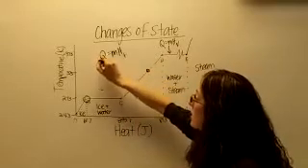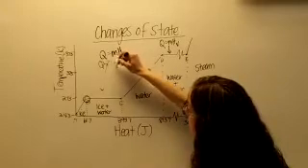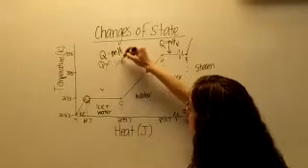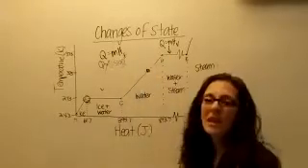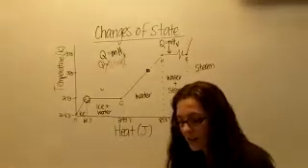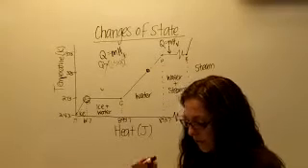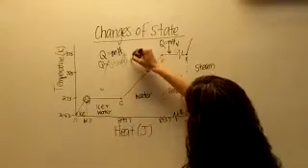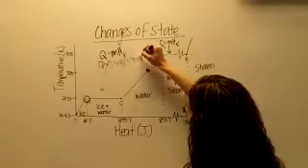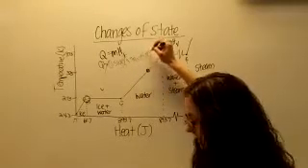So I would say Q is equal to the mass, which was 1.5 kilograms, times the heat of fusion of water. You would find that on page 324 in table 12.2. The heat of fusion is 3.34 times 10 to the 5th joules per kilogram.